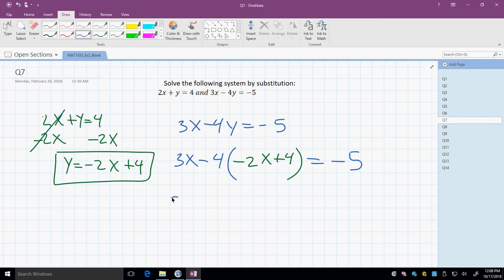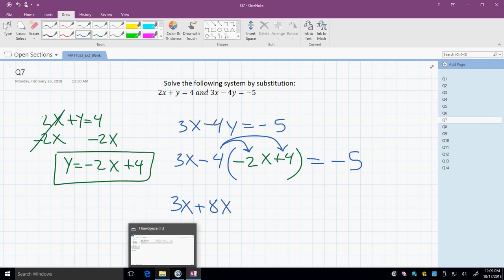Now I'm going to rewrite everything. Now I'm going to distribute negative 4 to every single term. Negative 4 times a negative 2 is going to give me a positive 8x. Negative 4 times a positive 4 is going to give me a negative 16 equals negative 5.